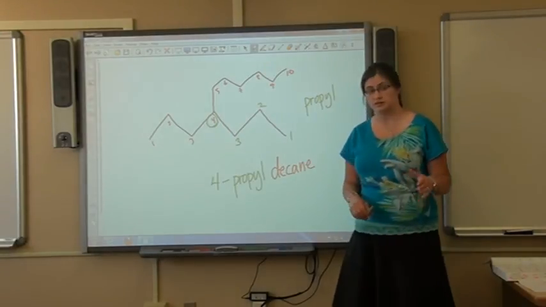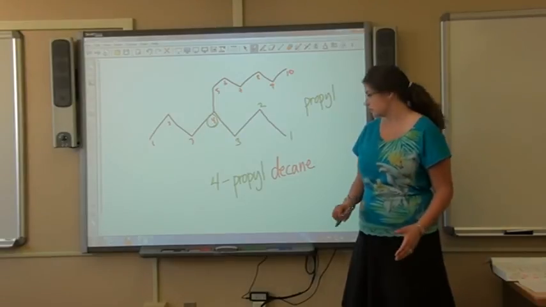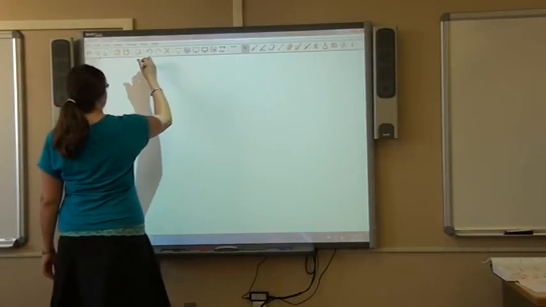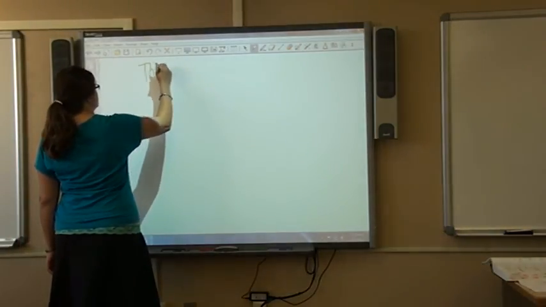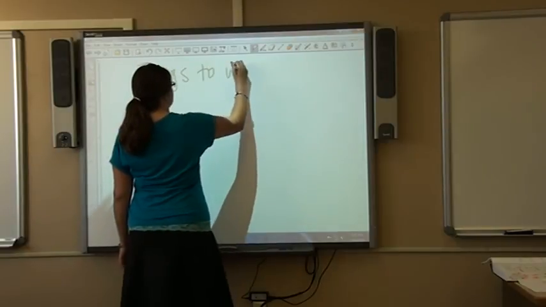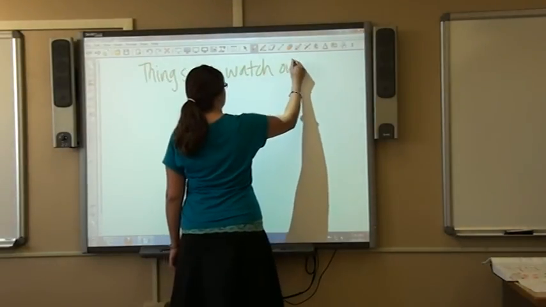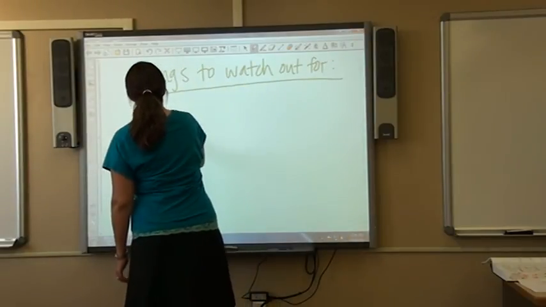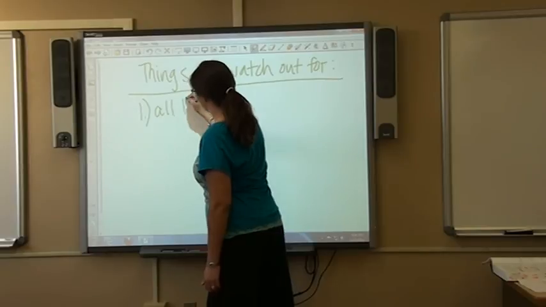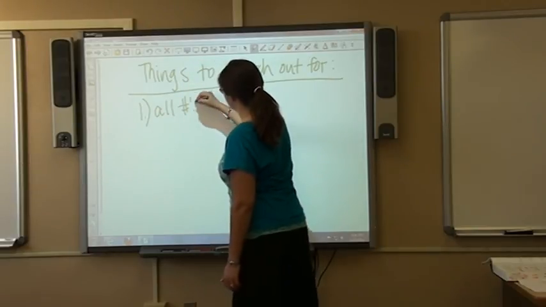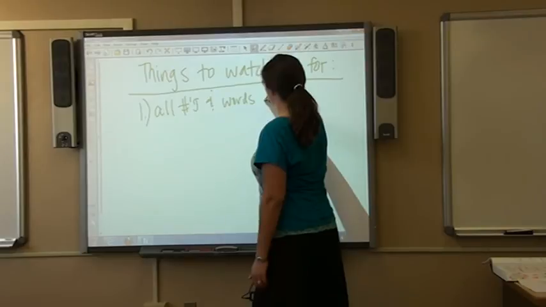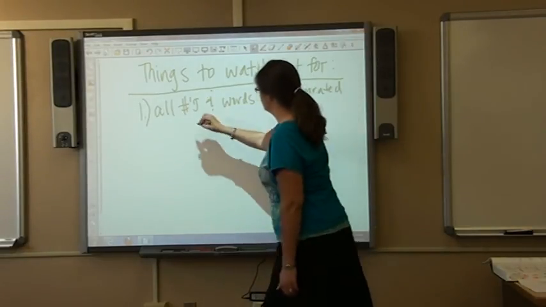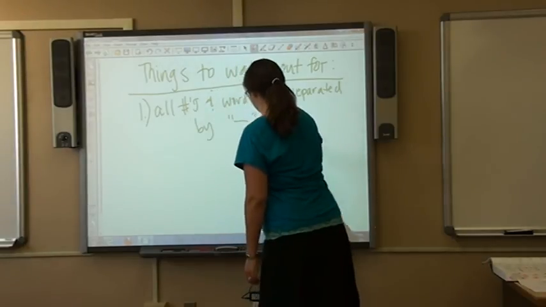Now, a couple of things that I will take off points for. Firstly, things to watch out for. In other words, things I'll take off points for. The first one is that all numbers and words are separated by a dash.